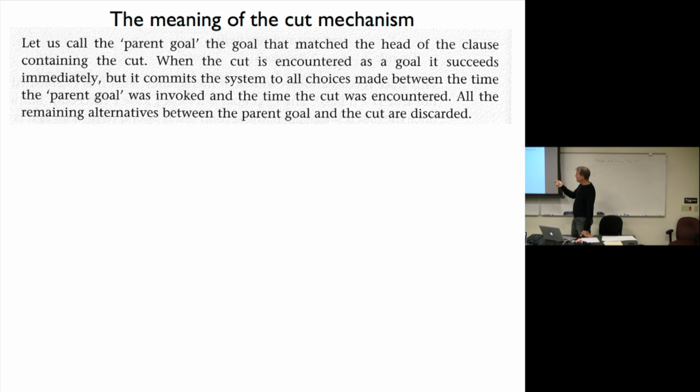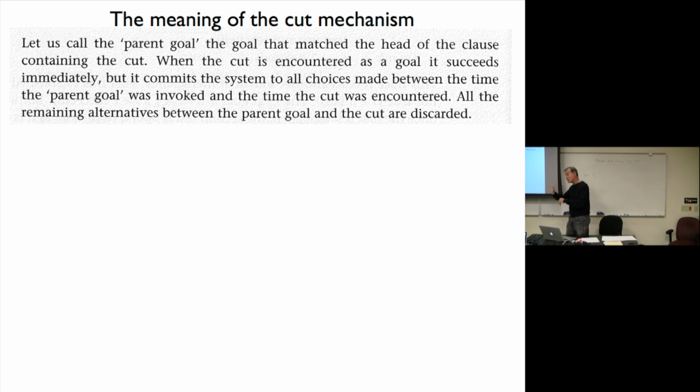Let us call the parent goal the goal that matched the head of the clause containing the cut. When the cut is encountered as a goal, now what did we say always happens with a cut? It succeeds. When the cut is encountered as a goal, it succeeds immediately. So when you think about going through a cut, that's like going over the spikes the right way.